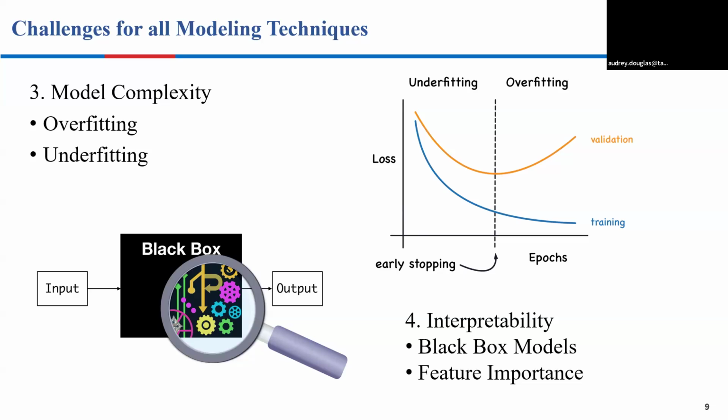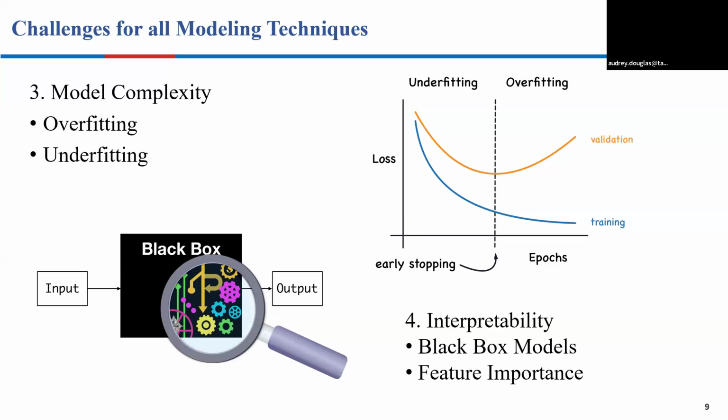And also a simpler model may fail to capture the underlying patterns in the data set, leading to low predictive accuracy, right? This is underfitting. We should be careful of those kinds of challenges when we run the model.